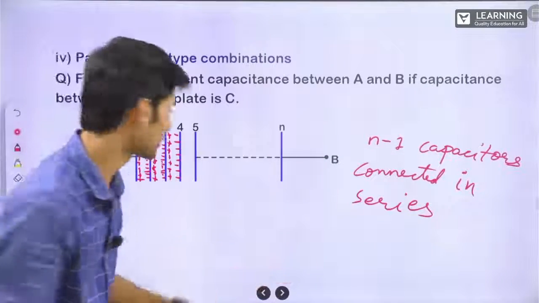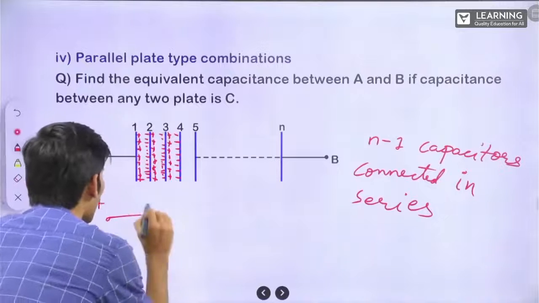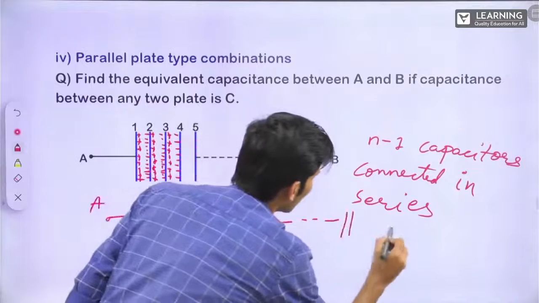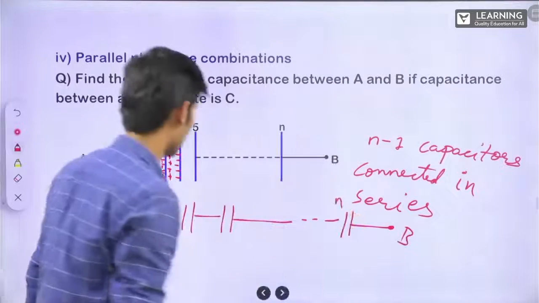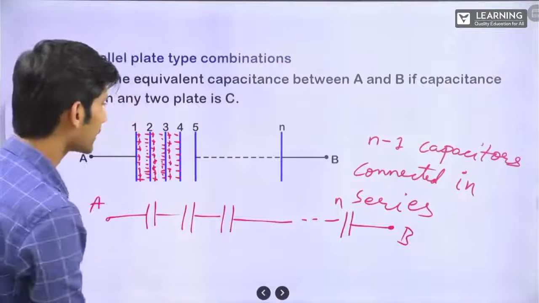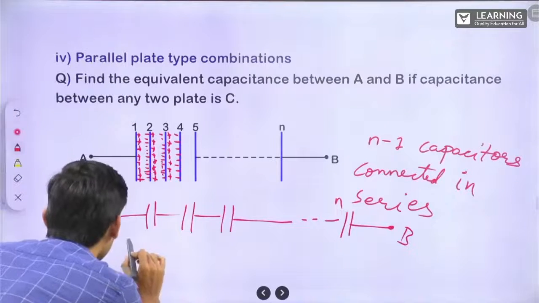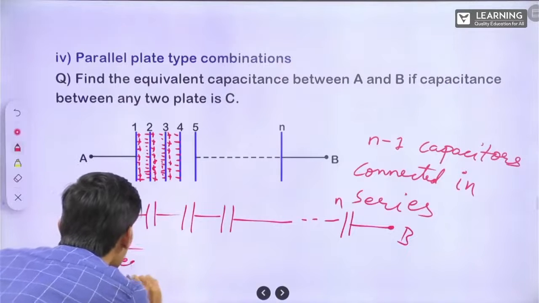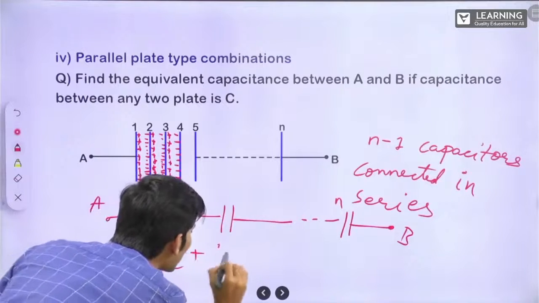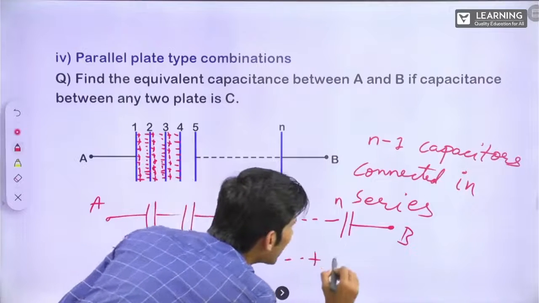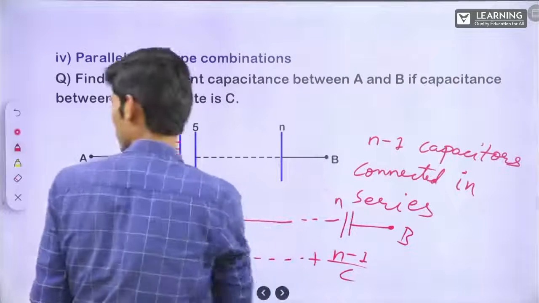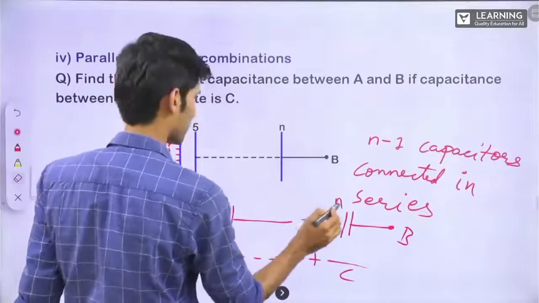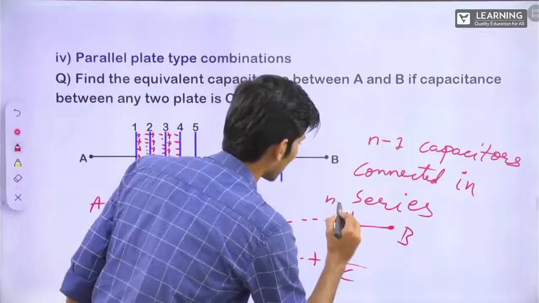Just now we discussed something like this, right? Here this is A, this is 1 capacitor, 2 capacitor, 3 capacitor, like this. This is B, n capacitors connected. Fine. N capacitors connected in series means 1 upon C equivalent is equal to 1 upon C plus 1 upon C plus like this, n minus 1 times.